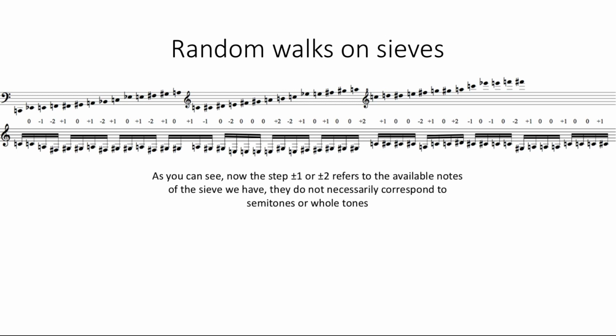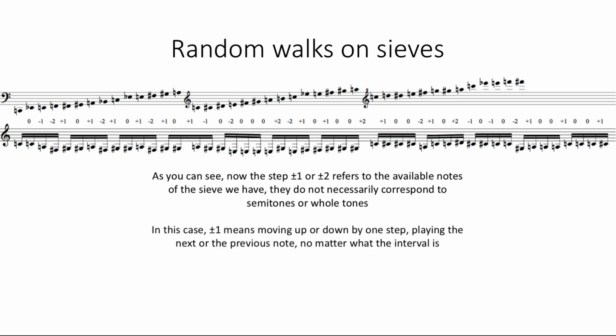As you can see, now the step ±1 or ±2 refers to the available notes of the sieve we have, and does not necessarily correspond to semitones or whole tones. In this case, ±1 means moving up or down by one step, playing the next or the previous note, no matter what the interval is.